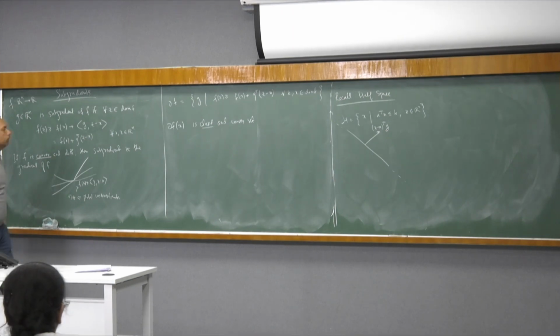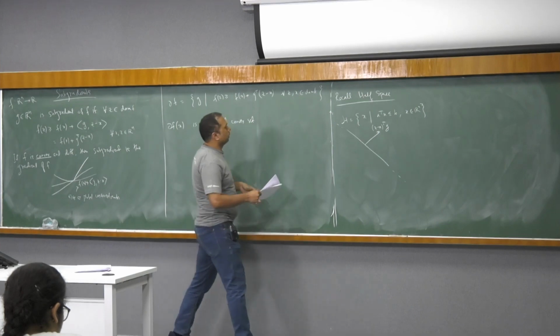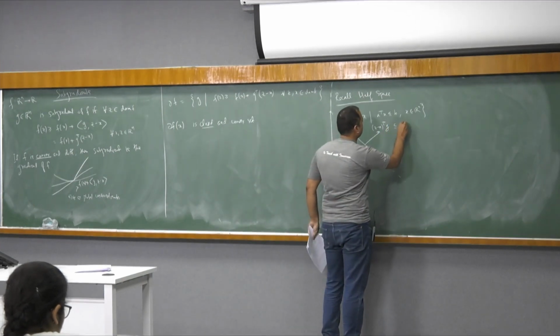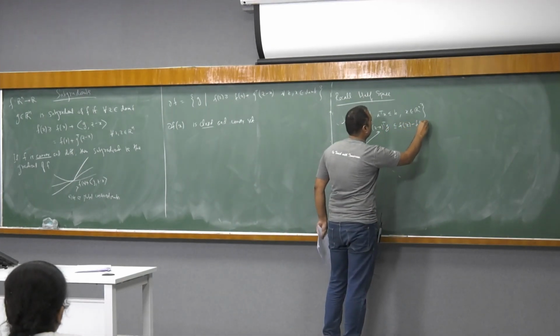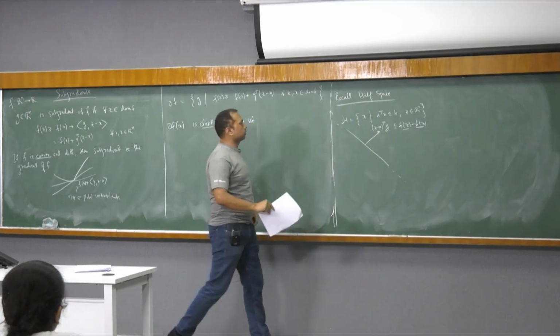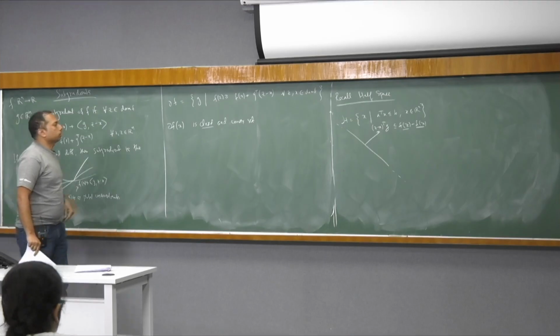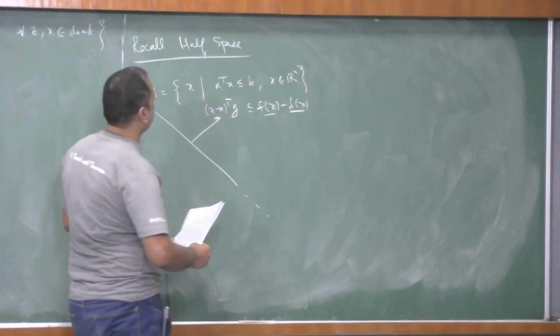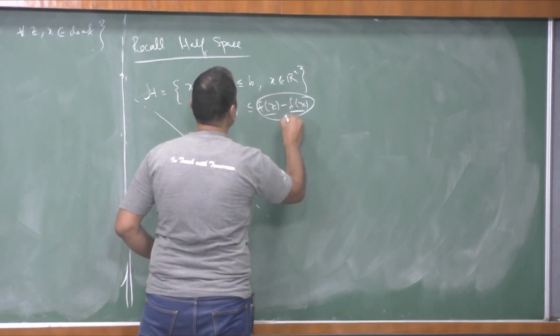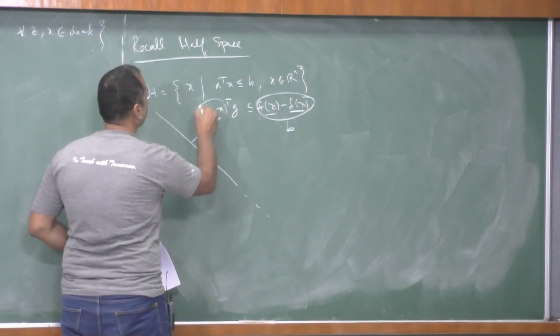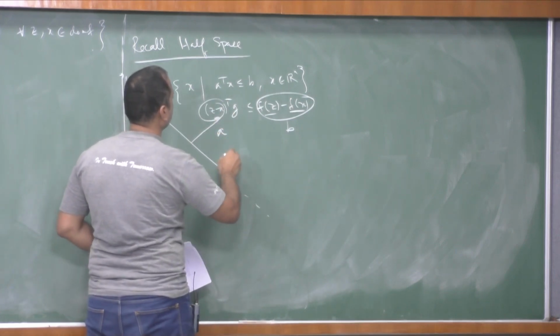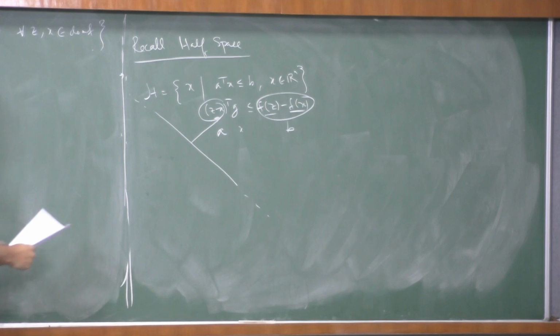Okay, so this is less than or equal to f(z) minus, which is also known because I fixed z and x. So this seems to be the characterization in terms of the half space. So these guys are known, so I take this as a b, and this guy I take as an a, and this I take as g as an x.